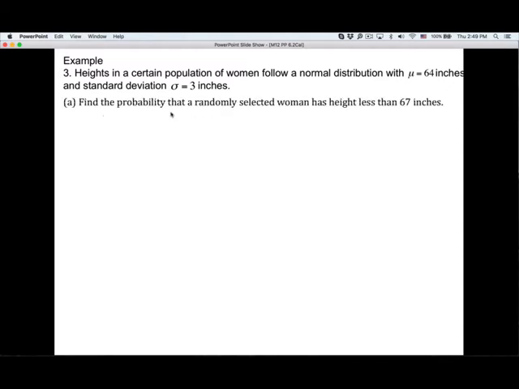Find the probability that a randomly selected woman has a height less than 67 inch. So we are looking for the probability, okay? Meaning we are looking for the area. A randomly selected woman, so my sample size, my n, will be equal to 1. We only pick one woman and her height is less than 67 inch.